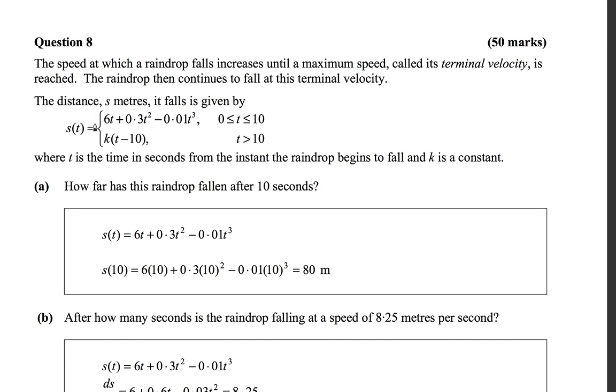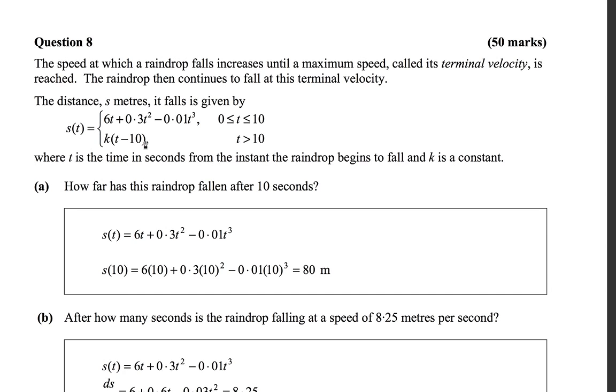The distance, s for distance, it falls is given by these two functions. So up until 10 seconds, this tells you the distance. After that, this tells you the distance. The reason it changed is because up until 10 seconds, the speed was increasing all the time, so it was a more complicated function.